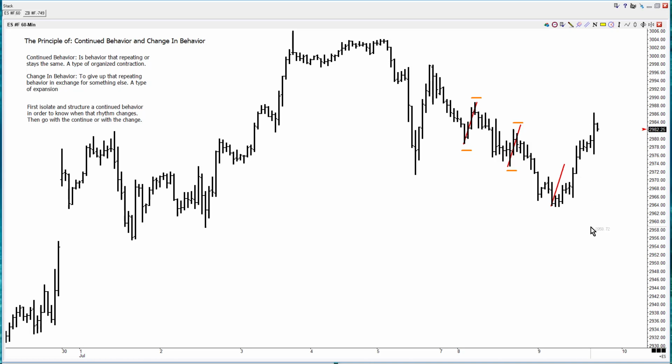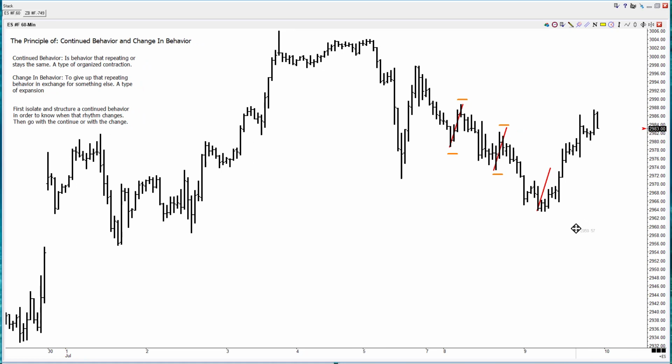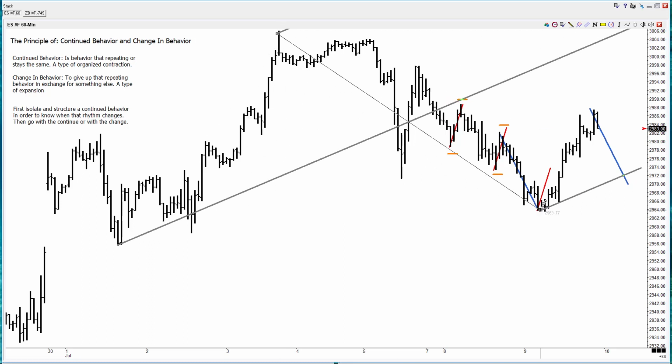And so what I can do from here is, since swings swing, I can look at the swing the other way. So this is one way I would use change in behavior. For example, I would do something like this, and I would use change in behavior because I can see a solid change in behavior. They were doing this. They've done it.